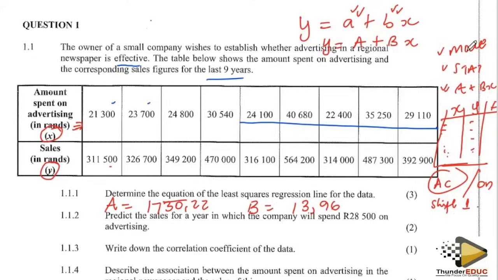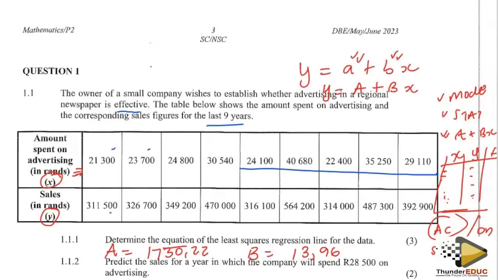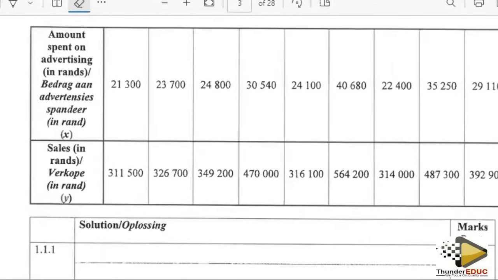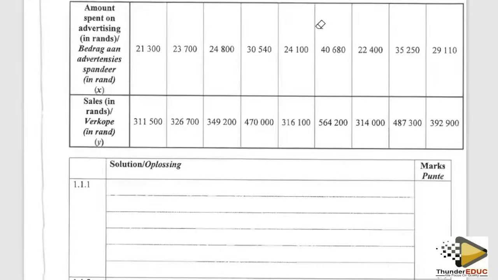Okay, so I want to use the answer book. Let's see if I can access it. Okay. So with this answer book, it's more or less the same information for the same table and everything. So we said Y must be the same as A plus BX.